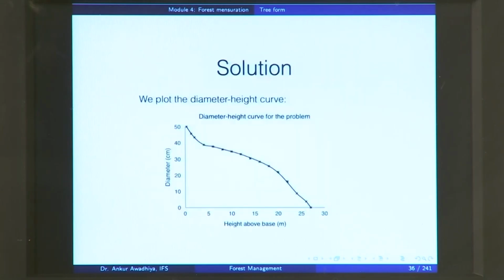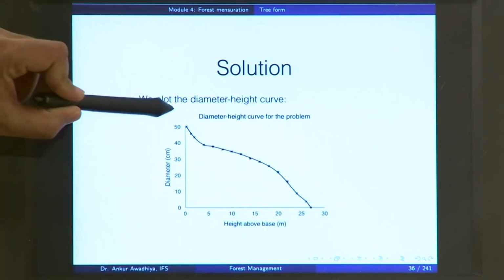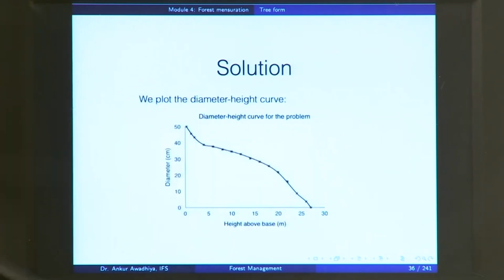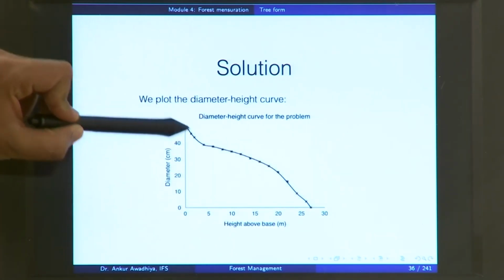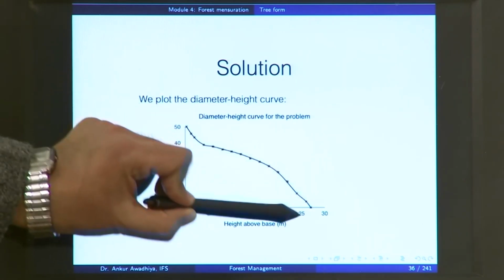So, we can begin by plotting the diameter height curve of this tree. On the y axis you will have the diameter, on the x axis you have the height. If you plot these points you get a curve like this. Now, remember the top portion looks like a cone, and this portion will look something like a paraboloid.